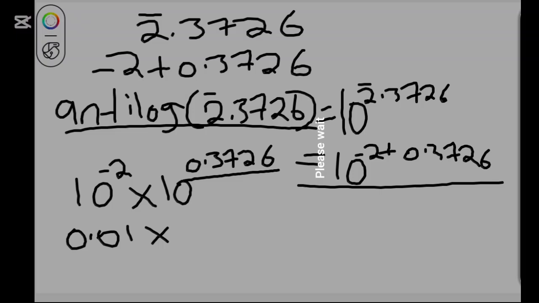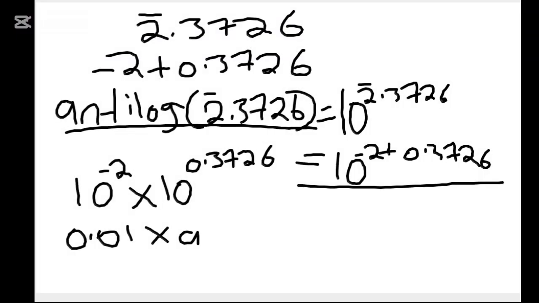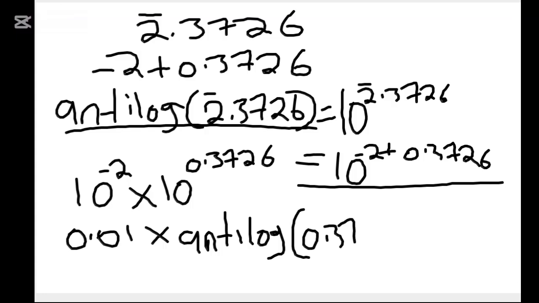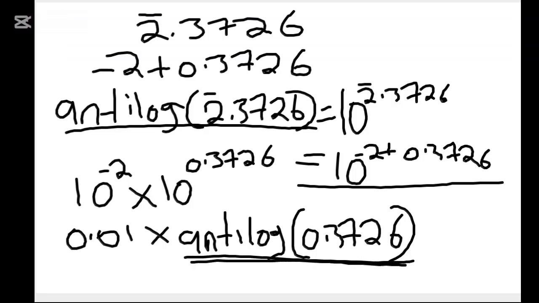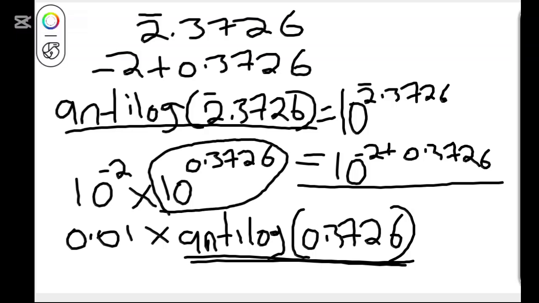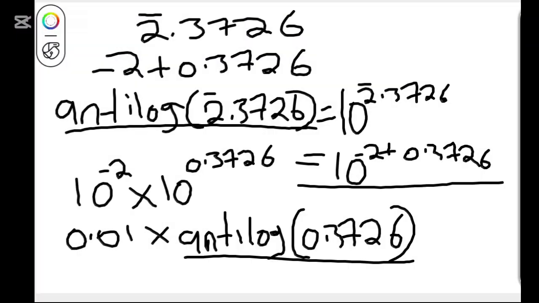It is the same thing as saying the antilog of 0.3726. So it is the same thing as saying 0.01 multiplied by the antilog of this, because antilog of this is the same thing as saying 10 to the power of 0.3726. So you have to take note of that.